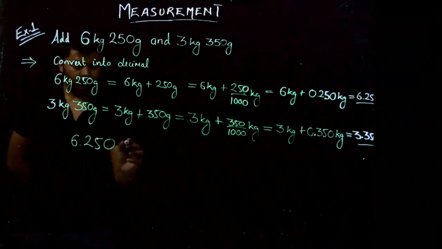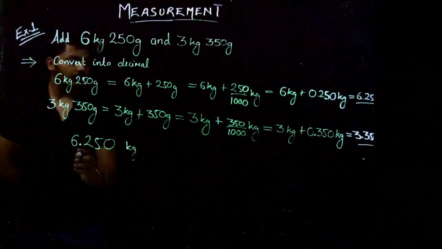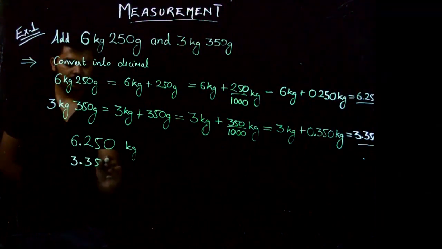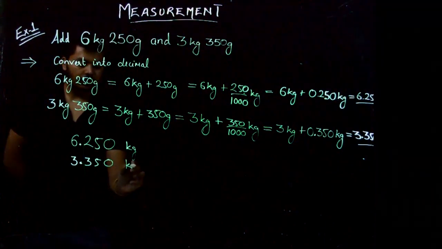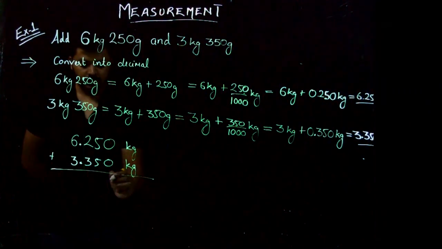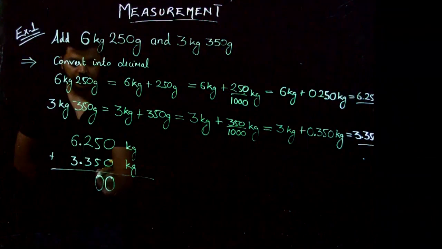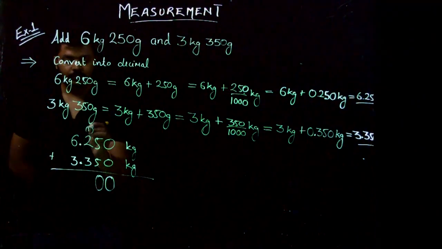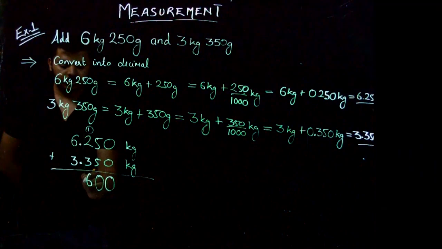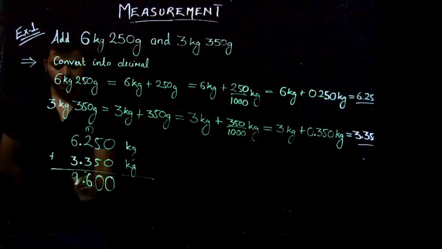6.250 kilogram and 3.350 kilogram. Now adding 0 plus 0 gives 0, 5 plus 5 is 10, 0, 1 carry over, 1 plus 2 plus 3 is 6, decimal comes in decimal column, 6 plus 3 is 9.